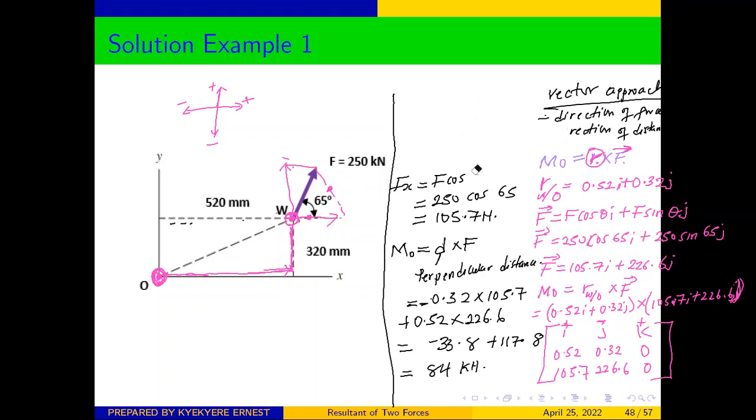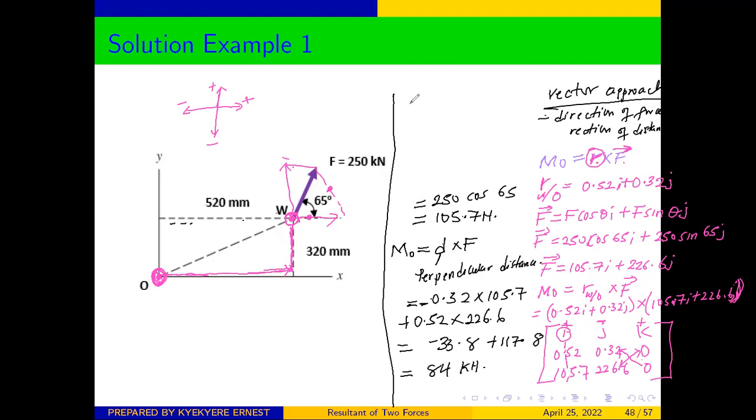We said that if you want to get the I component of the moment, you cross out all the I values there, and you'll be left with a 2 by 2 matrix. Then you find the determinant. So it's going to be this times this minus this times that. That is how to find the determinant.